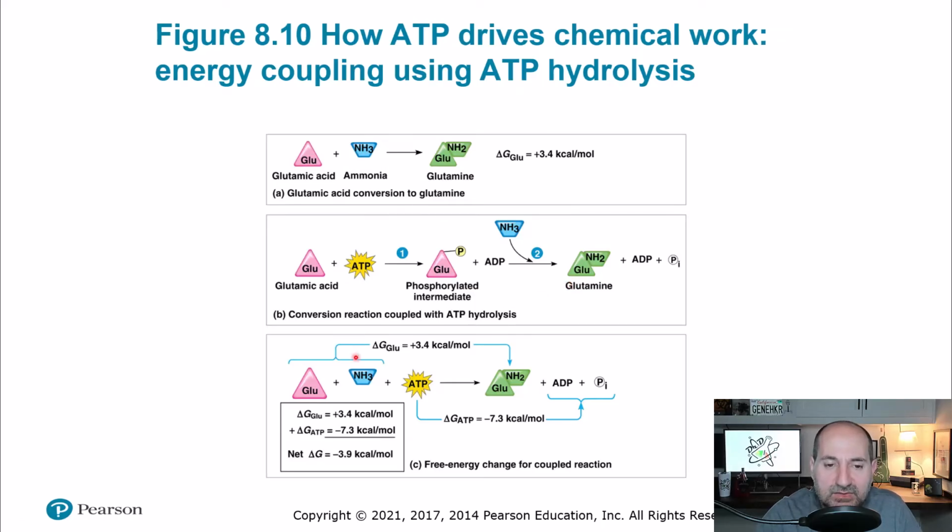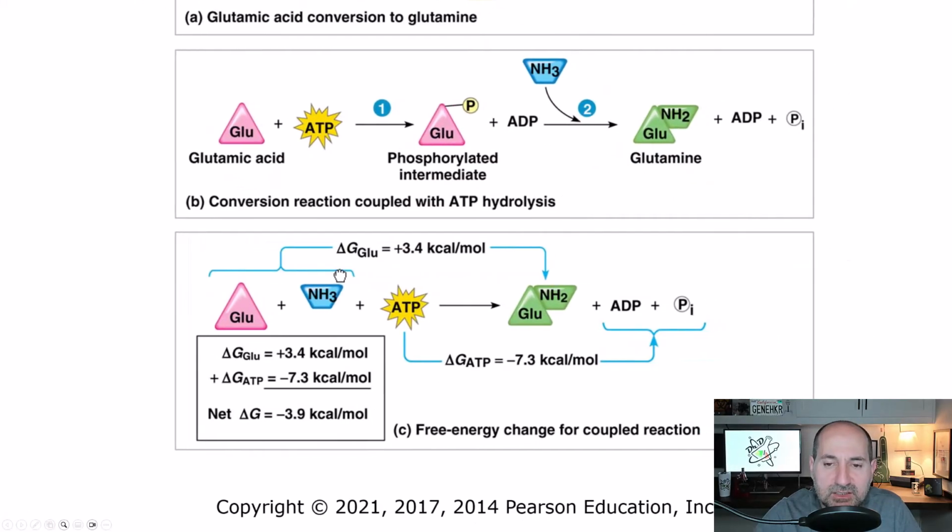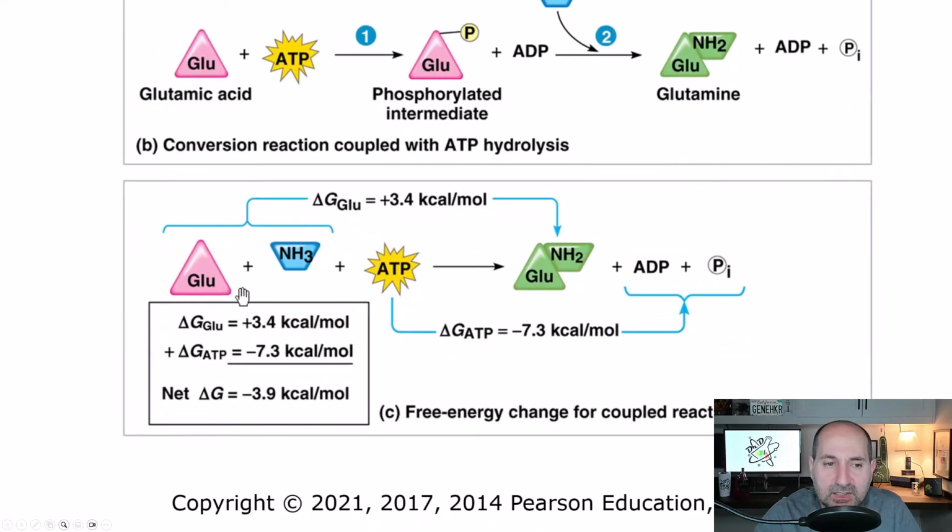You can think of this just energetically. Remember, to produce the amino acid glutamine required a positive delta G reaction. It required an endergonic reaction of combining glutamic acid and ammonia. The energy for that was provided by cleavage of ATP, hydrolysis of ATP.